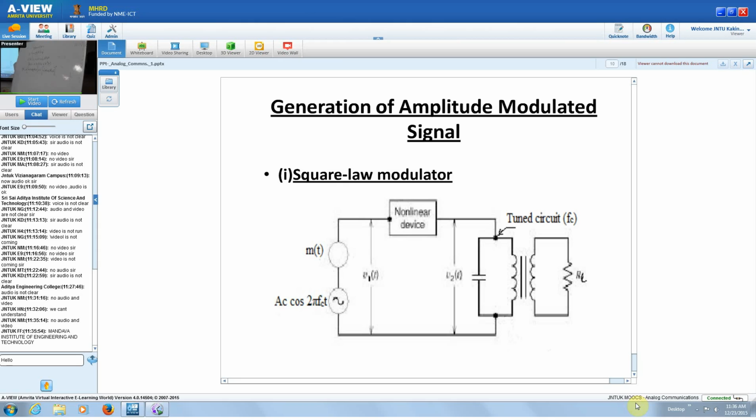We operate the device in this manner so that we get the required output after the band pass filter or tuned circuit.